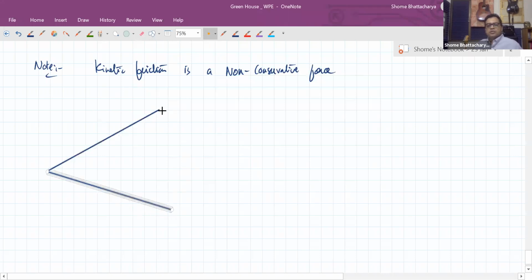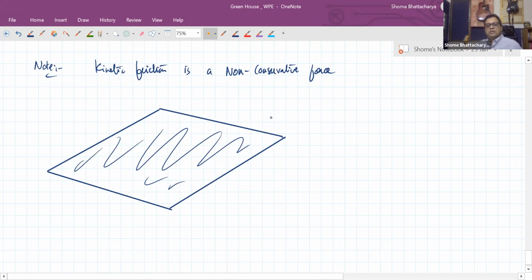Now imagine this is a rough horizontal surface. Now a particle is being pushed from this position A to this position B via two different paths.